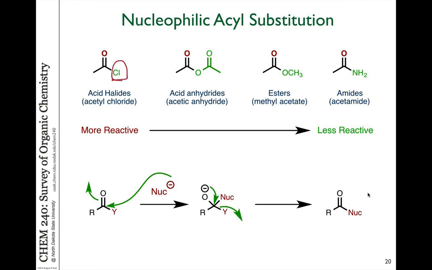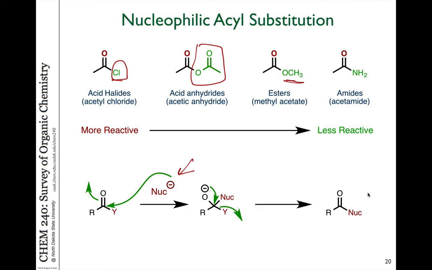So chlorides are the most reactive of the acid halides. Carboxylates, or the acid anhydrides, are almost as reactive as acid chlorides, and these tend to react very readily with all kinds of nucleophiles, both neutral nucleophiles as well as negatively charged nucleophiles.